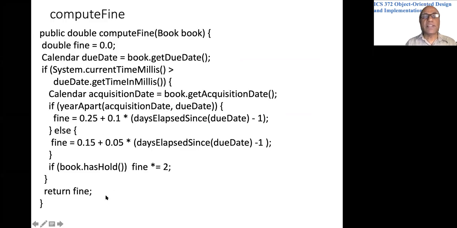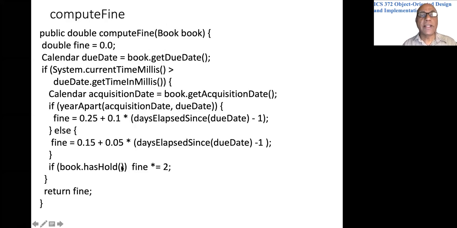Okay, so this is essentially the same code that we had before, but we simply put everything into this method called compute fine, which explains the purpose of this code. And since we need the book object to get the relevant information, we put it as a parameter. The variable fine, which was in the other piece of code, is now a local variable, and we return that. So the return type is double.